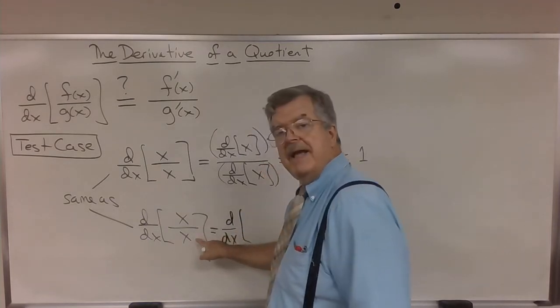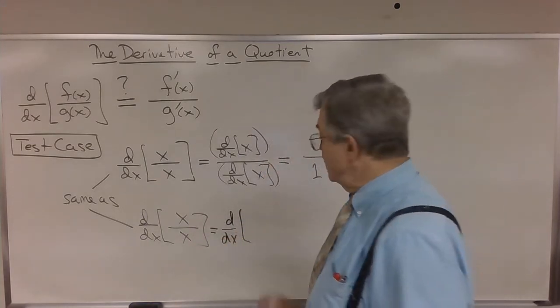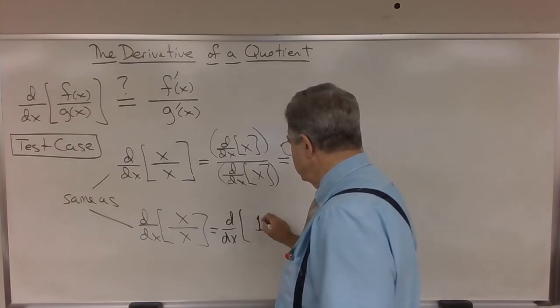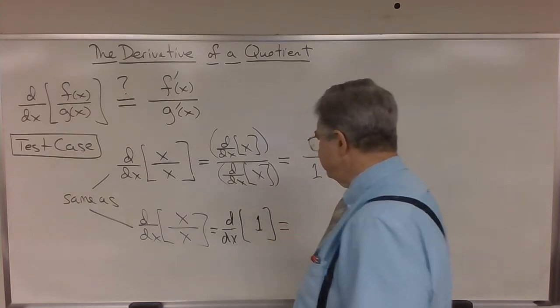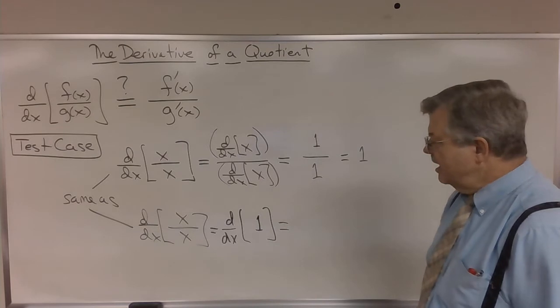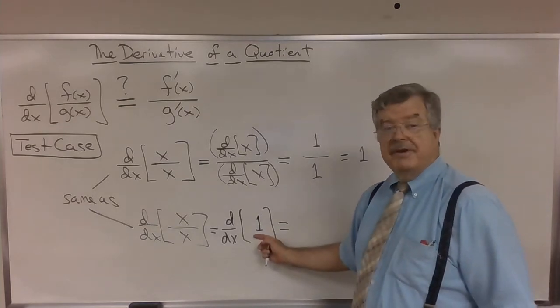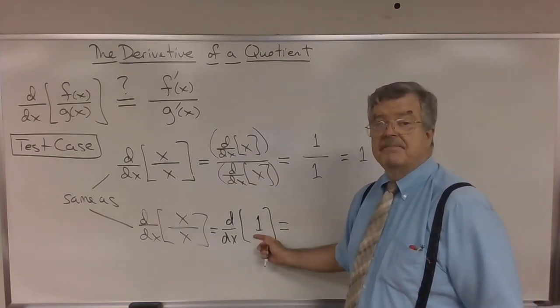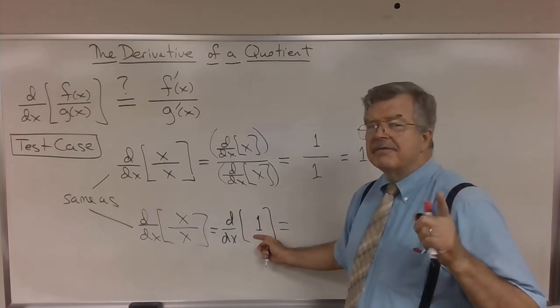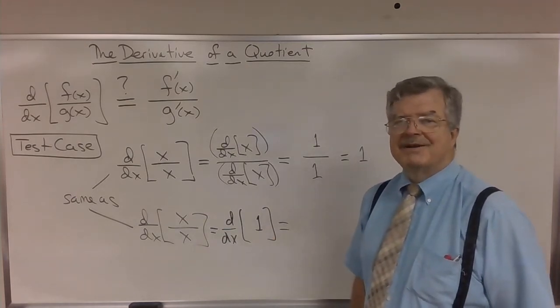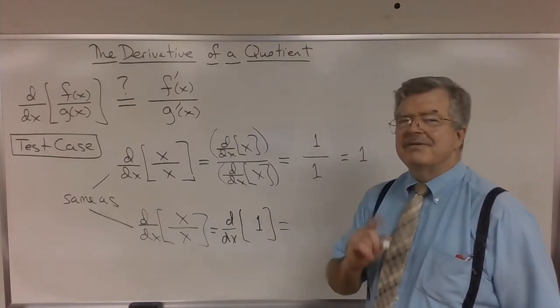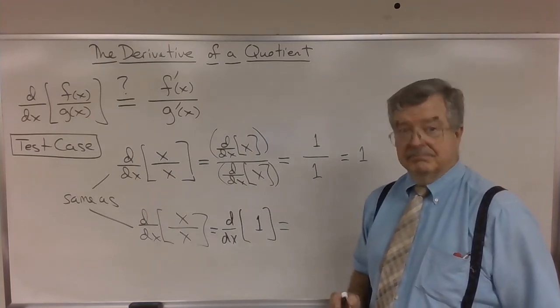X divided by x is just 1. So we have the derivative of a constant, 1. And the derivative of any constant is what? What's the derivative of a constant? 0?